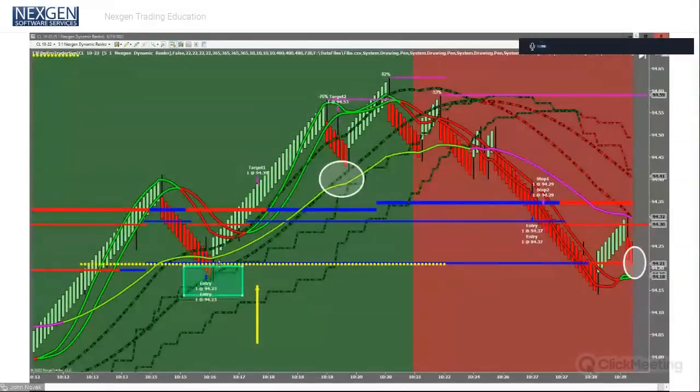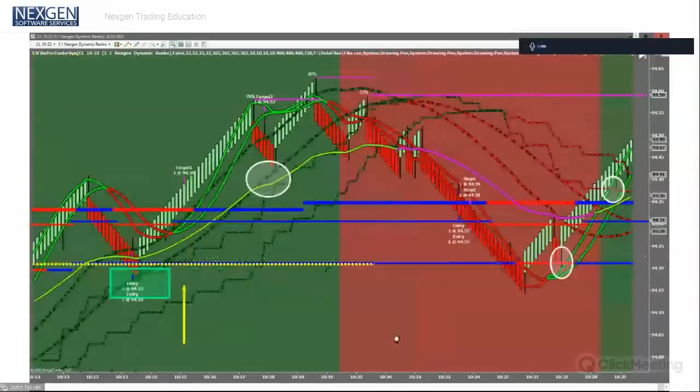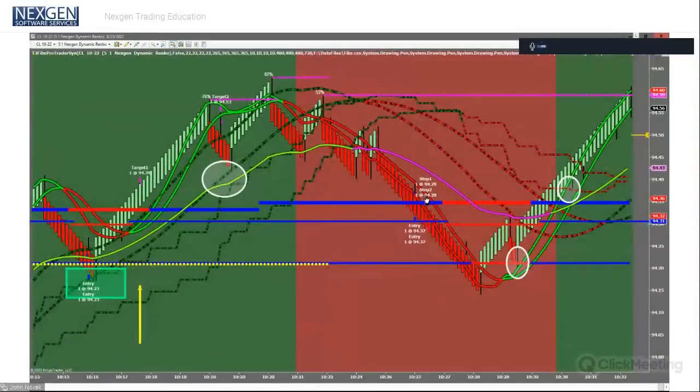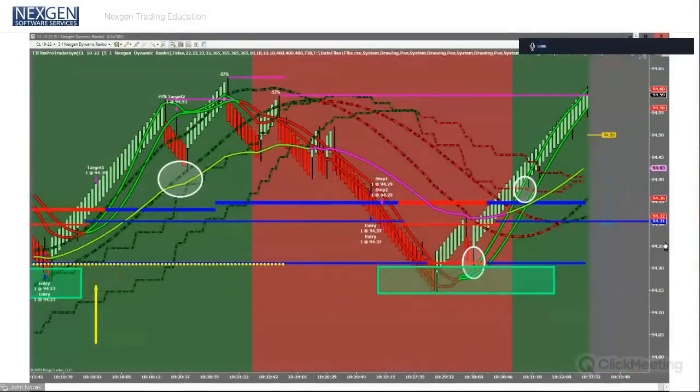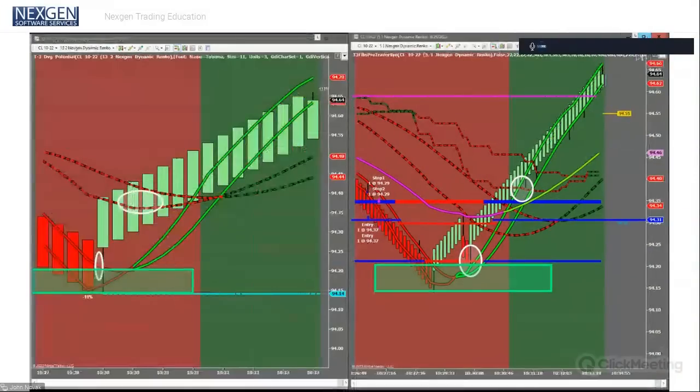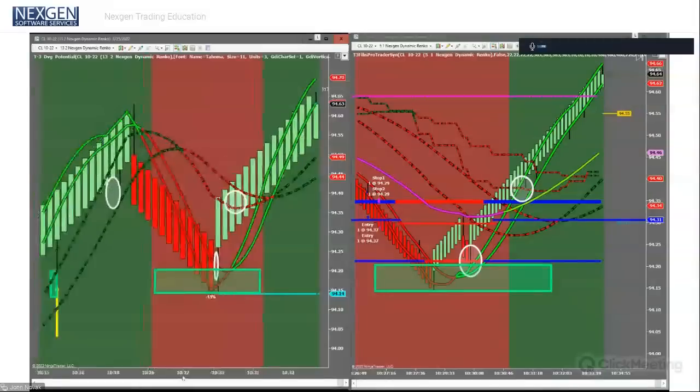Everything's going your way. Everything's going against you. Now the fibs hold on the big chart and then the triggers roll up and then we're going back up again. Anyway.